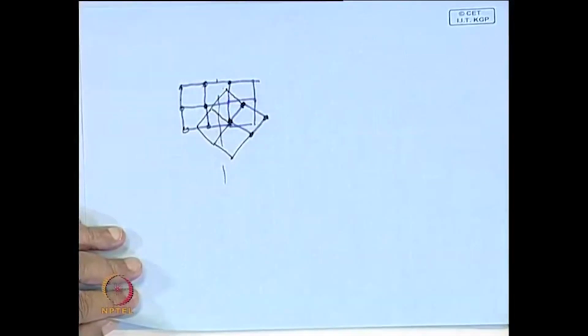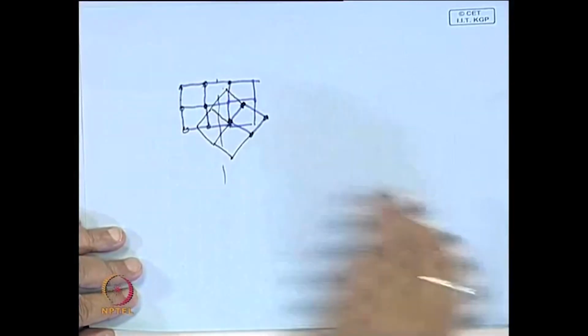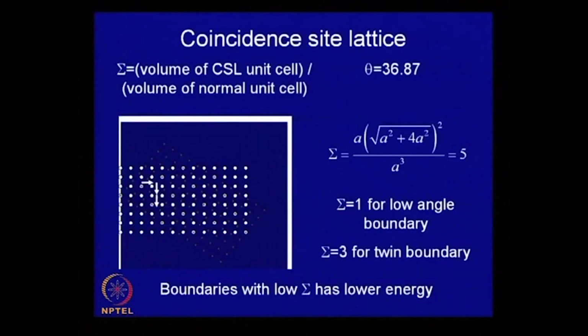you may find there will be some points which lie one over the other, and this is what is shown over here. This concept is called the coincident site lattice concept. Coincident site lattice is actually non-existent.